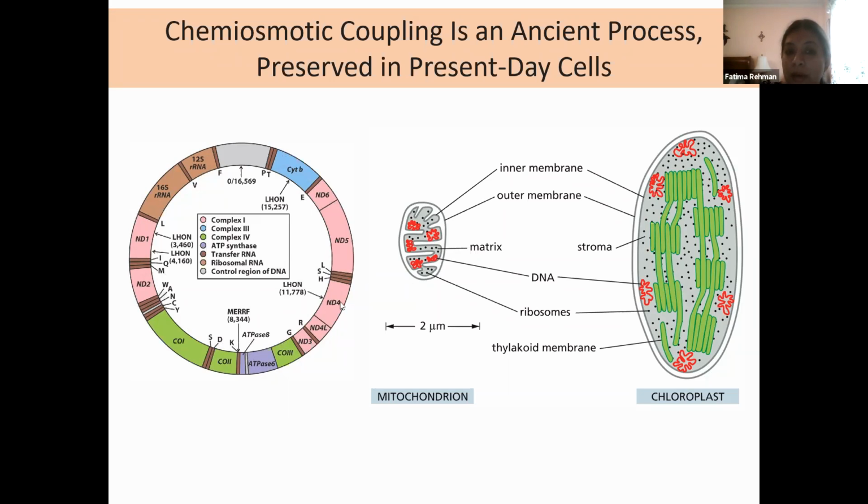This particular DNA actually contains a lot of different genes. But among those, it contains specifically genes related to the electron transport chain machinery. All the different proteins that are needed to create that proper system to perform the electron transport chain can be found on that mitochondrial DNA.